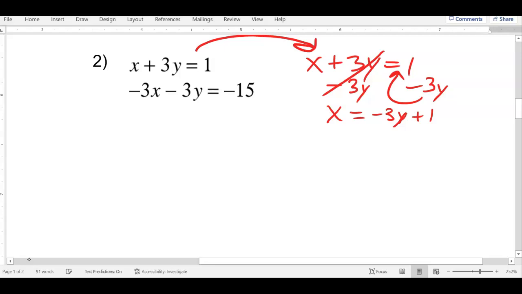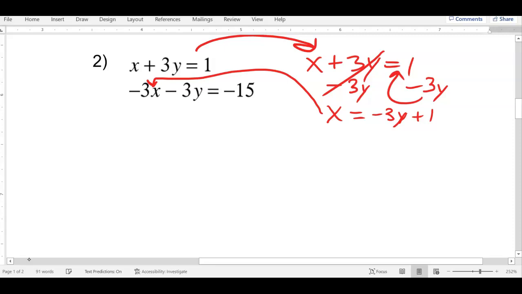Now that we have an equation solved for one variable, we can plug that into the other equation right there. Once I have x equals, it can go into the other equation where I see x. Hey, how you learning this over there on that phone?